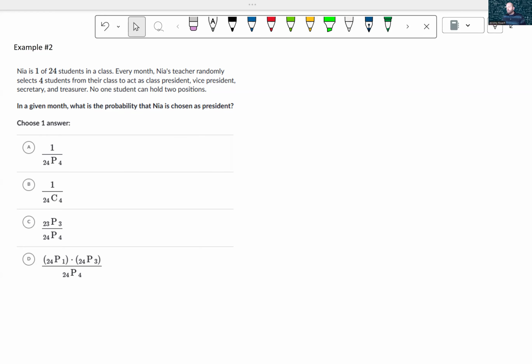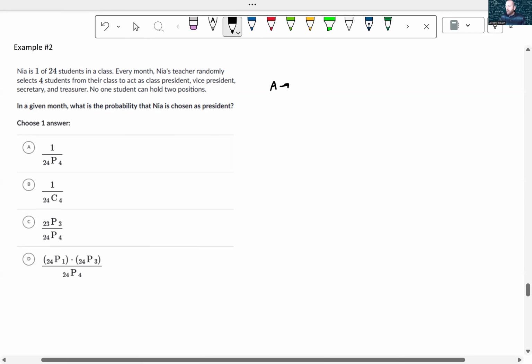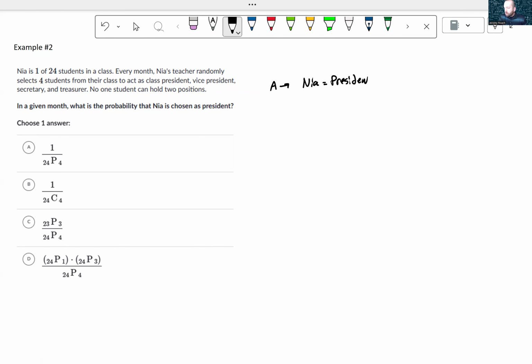Now let's think about a couple of scenarios. We'll think about scenario A, and we'll say Nia is the president, and some other student will randomly be given a name. We'll say Alex is the vice president. And scenario B, we'll say Nia is the vice president, and we'll call Alex the president.